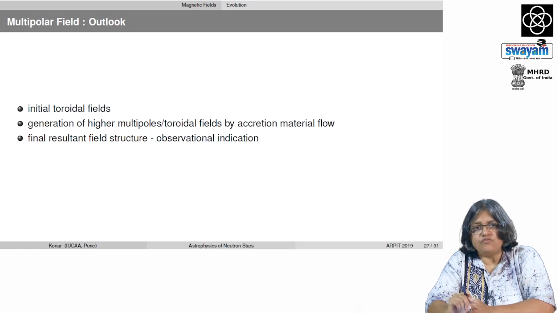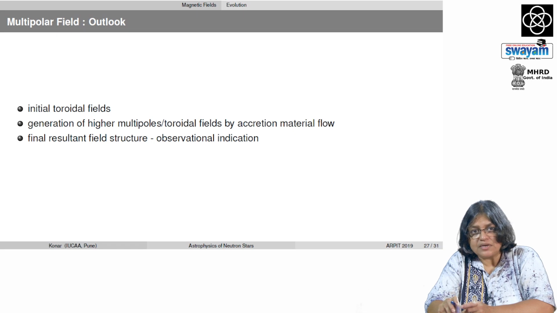So, the outlook of field evolution is, there are multipolar field configurations that one needs to consider, and one has to consider the presence of toroidal fields.